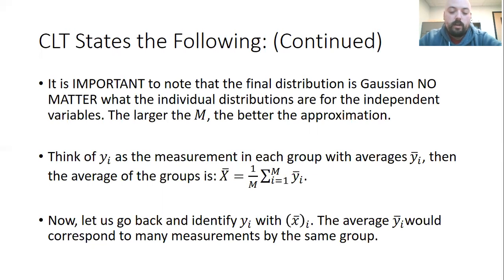All right, so after that digression, it is important to note that the final distribution is Gaussian no matter what the individual distributions are for the independent variables themselves. So it doesn't matter if the distribution comes from a uniform distribution or from some random distribution, whatever it could be.